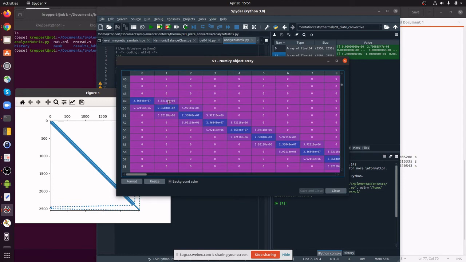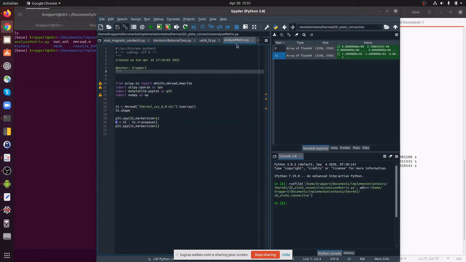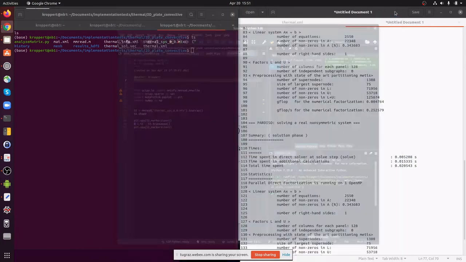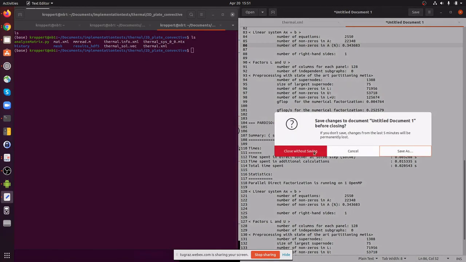So that's where the non-symmetric behavior comes from, and that's the part that makes the solution of these systems difficult, especially if they're larger and 3D and the velocity is high. That's the reason why you might run into some problems with your solver.